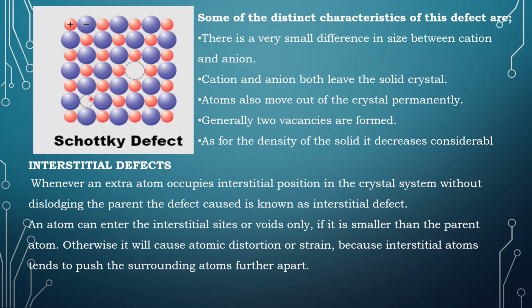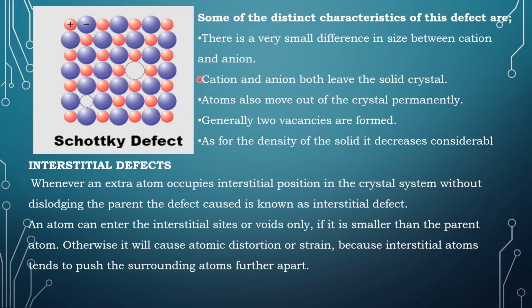So now here one positive and one negative vacancy are seen. So that is why we are saying that it is electrically neutral, because the same number of positive and negative ions are missing, or you can say vacancies are created. So this type of defect is called Schottky defect.